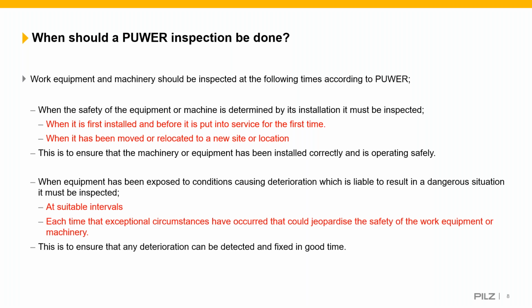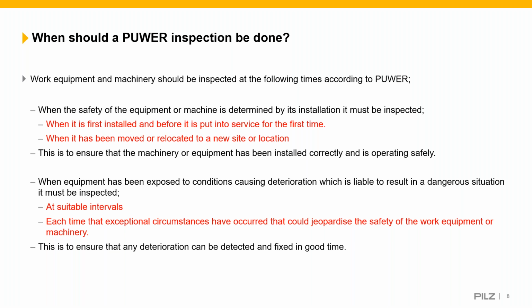But also taking into account the machine itself, it may be that it's exposed to conditions that will cause deterioration. Here in the UK, it's quite a rainy environment, so if the machinery is outside, then we need to check periodically for rust and things like this that might be there because of the environment that the machine's in. Or it might be that there's been exceptional circumstances that have occurred.